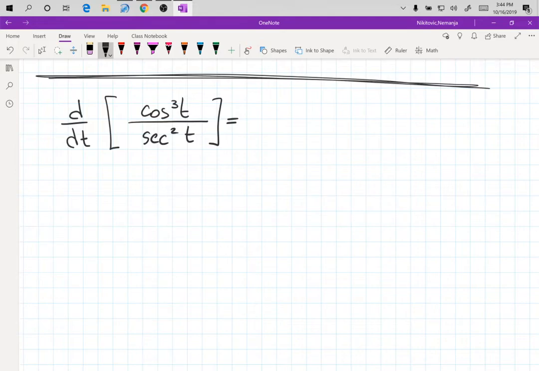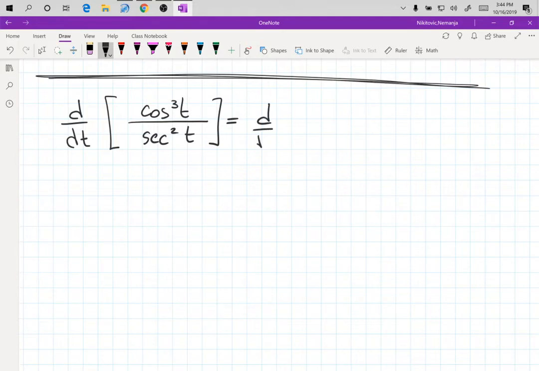So the obvious thing is the quotient rule, right? Yeah. That's the obvious thing. But that's not the easiest thing, because if you use basic trig identities, you get to kill the quotient rule. Oh. Secant is 1 over cosine, right?